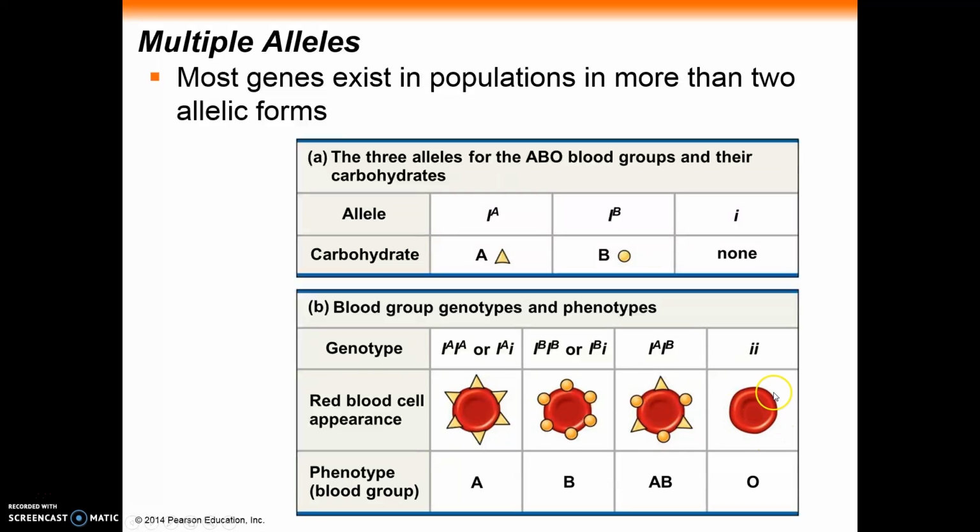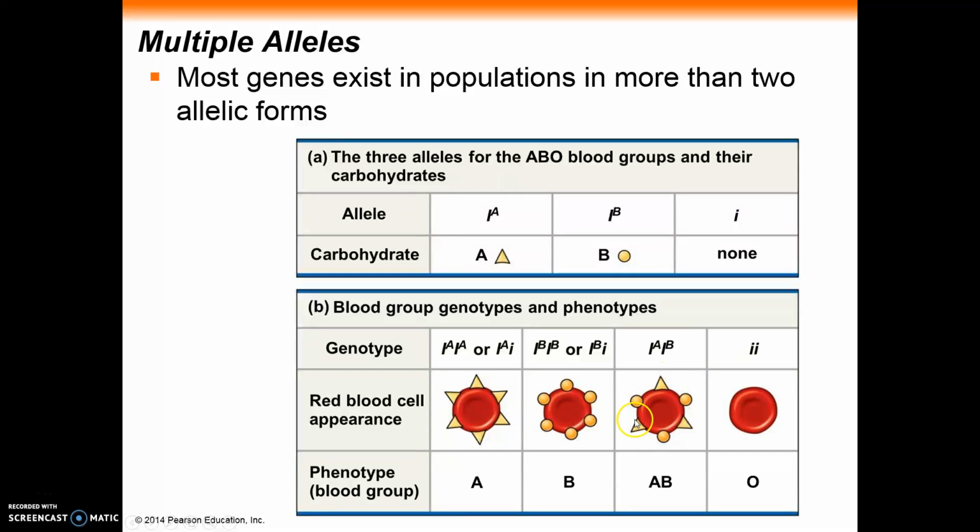If you get type O, you can accept that because the enzyme that is adding the A is actually not 100% efficient. So we have the precursor sugar chain that is present in O present on all of our cells. So O can be accepted by anybody because it doesn't have any added markers.